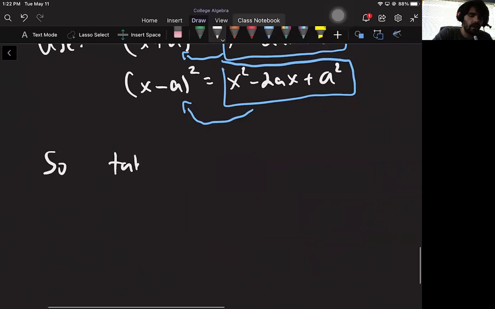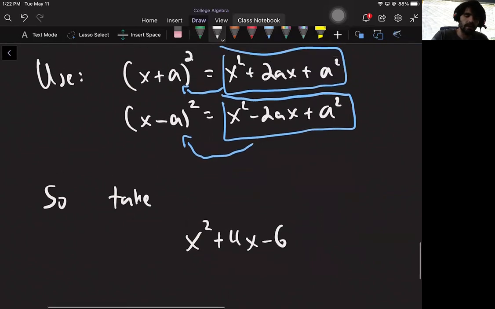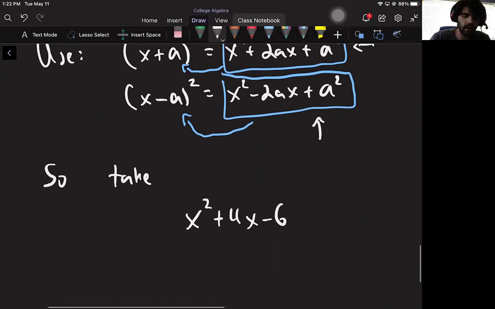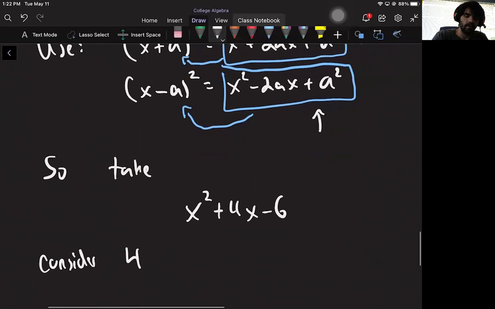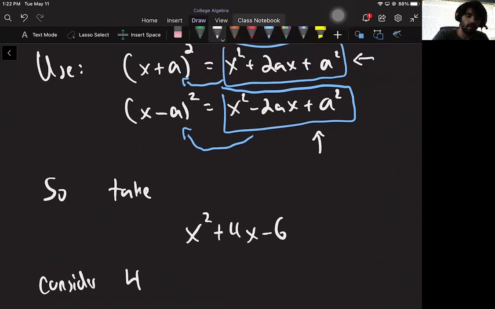So that's what motivates the idea. So now we take our thing on the left, x squared plus 4x minus 6, and we really wish that it would look like either this one or this one, so that I could then factor it into something times itself. So how can I do that? Well, all we're going to do is we're going to consider the middle term 4, and the idea is that this guy is double this thing squared.